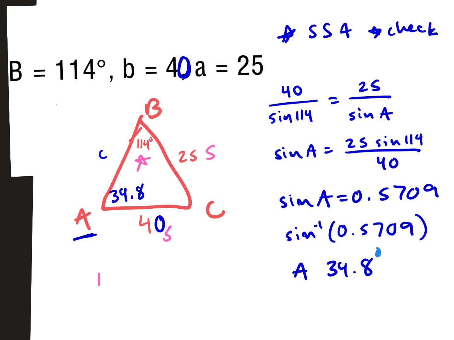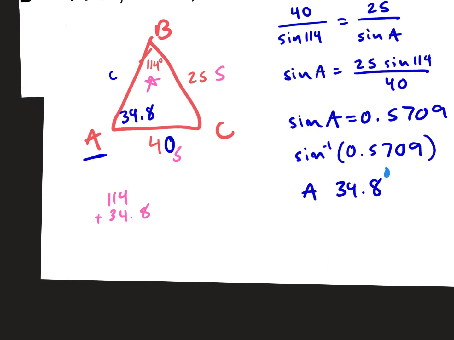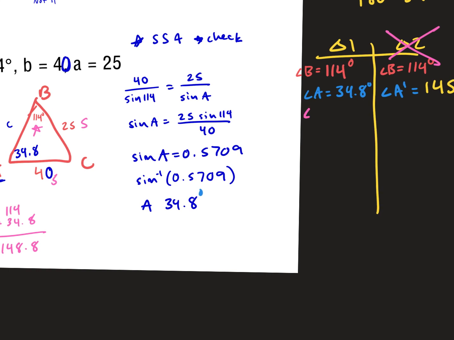So I have 114 plus 34.8. So that would be 148.8. So that gives me 31.2. So angle C is 31.2.